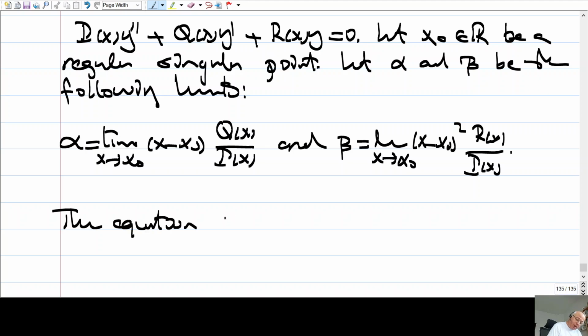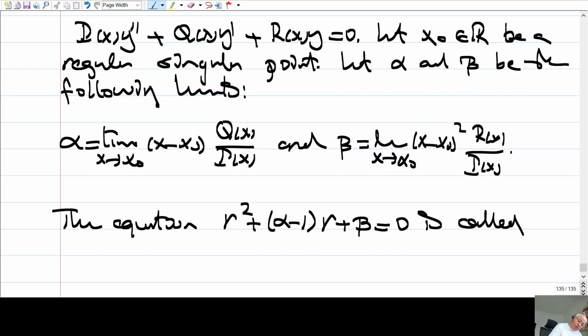The equation r squared plus (alpha minus 1) r plus beta is called the indicial equation.